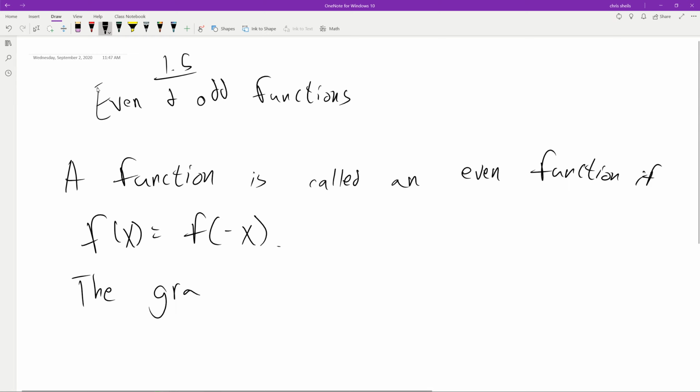The graph of an even function is symmetric about the vertical axis.